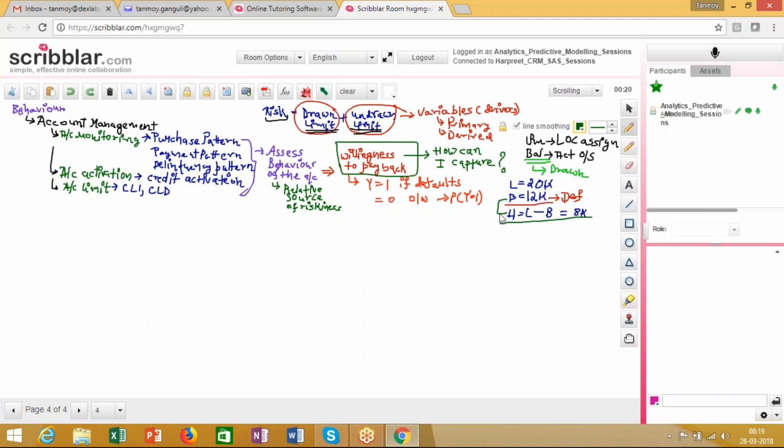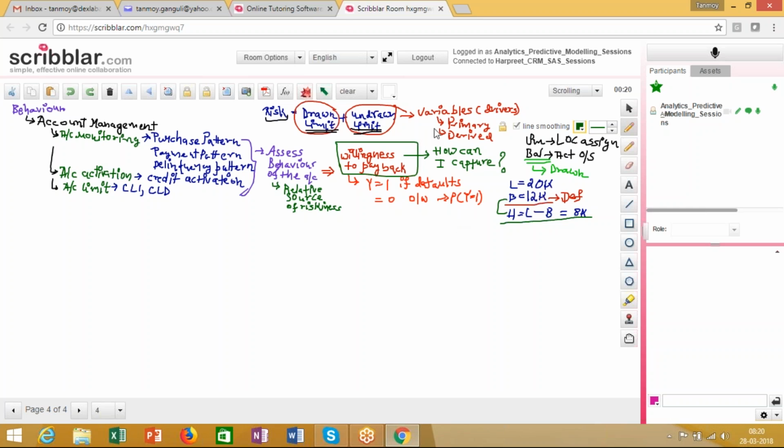Therefore, when we are trying to develop PD or EAD models, or behavior scorecards for a revolving product, we need to ensure that the variables we use capture not only the drawn limit, but also the undrawn limit, right?